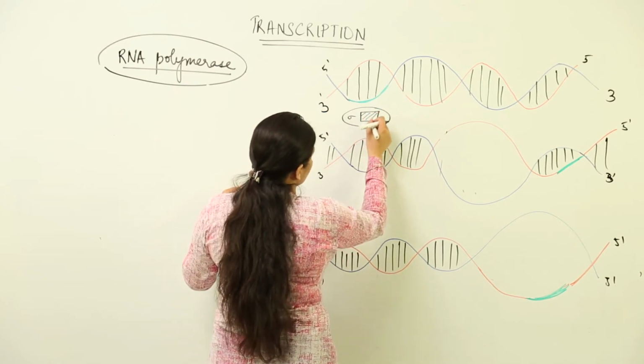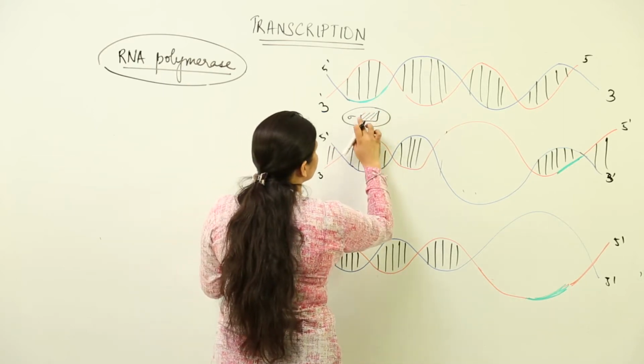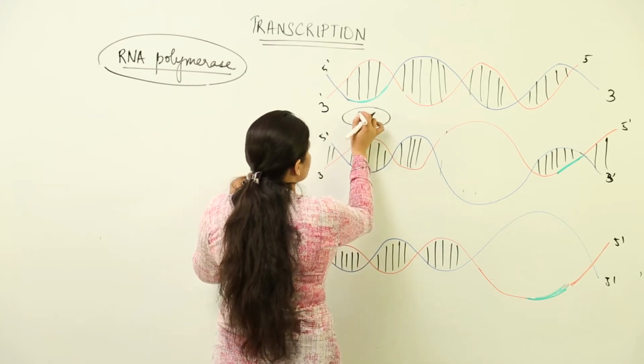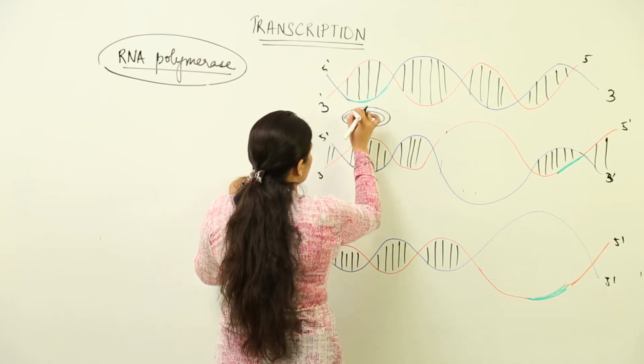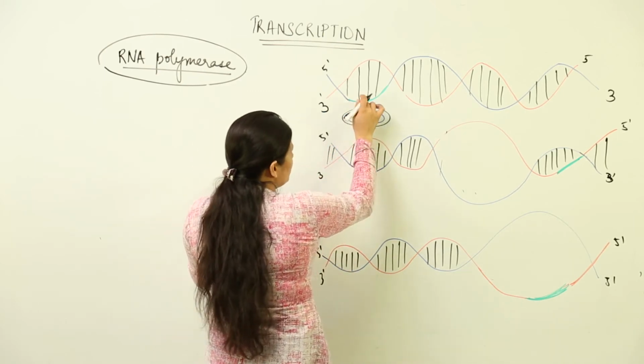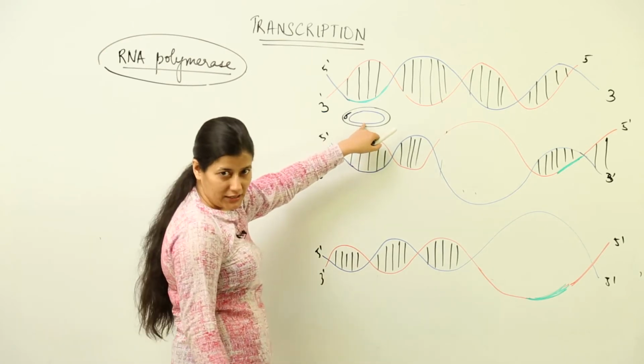Supposedly this is the RNA polymerase, or I would represent it, this is the sigma factor. Inside we are having the RNA polymerase. They both combine and identify the promoter sequence.